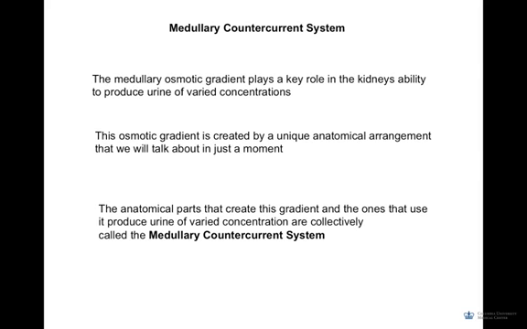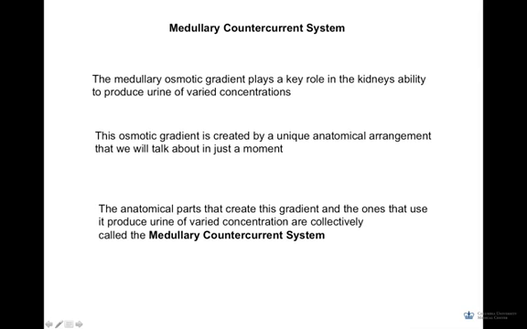Okay, so the medullary countercurrent system plays a key role in this ability to produce urine of varying concentrations. A key component of this system is an osmotic gradient that exists in the renal medulla.